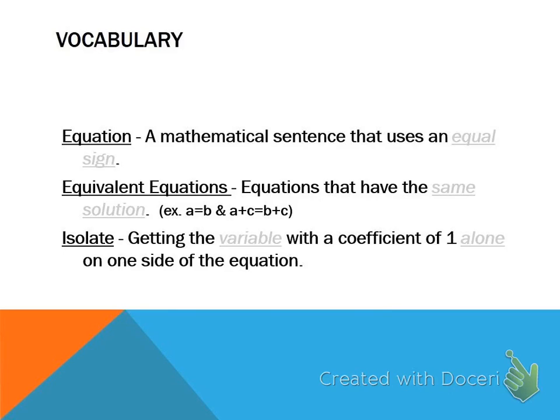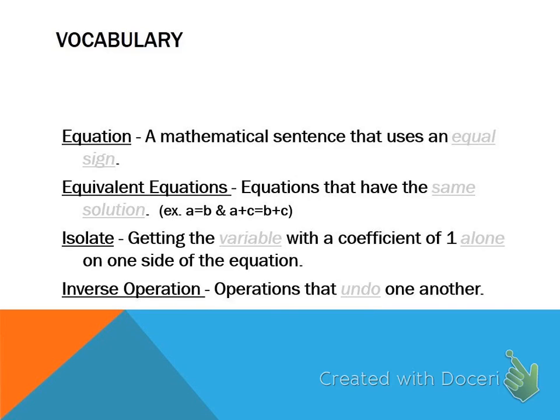Now, we create equivalent equations by isolating the variable. Isolating the variable. What we're talking about is getting the variable on one side of the equal sign with a coefficient of 1. A coefficient of 1, not a coefficient of 0. And we'll talk about that as well.